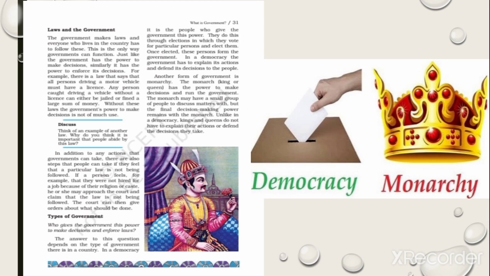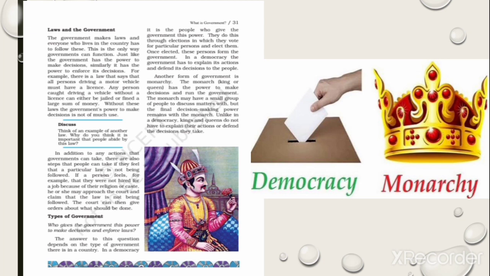Next, the types of government. Now here a question is given: who gives the government this power to make decisions and enforce laws? The answer to the question depends on the type of government in the country.